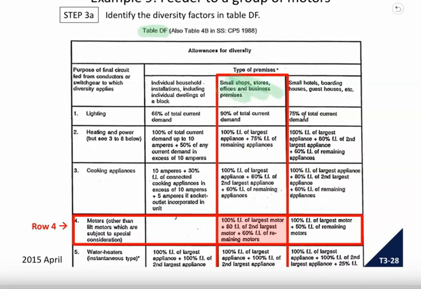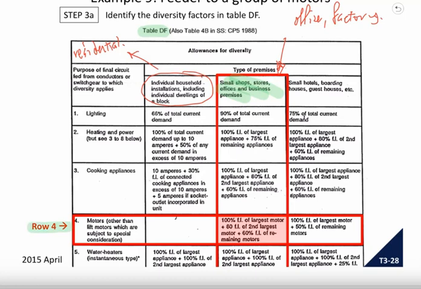Okay, in the past, we looked at this when we did residential design. But now we have moved on to the context of office and factory. Okay. So we look under row number 4.